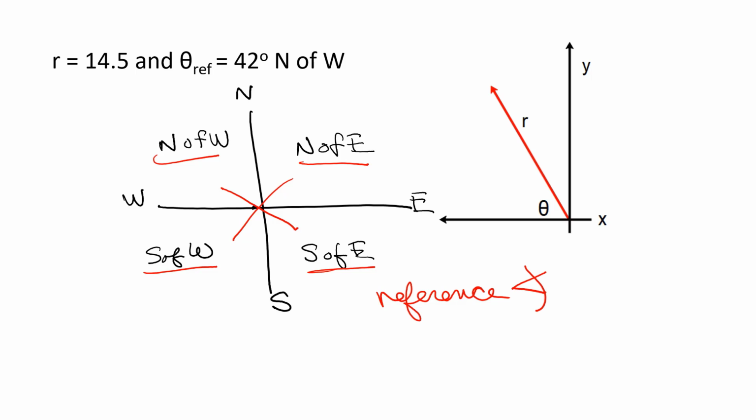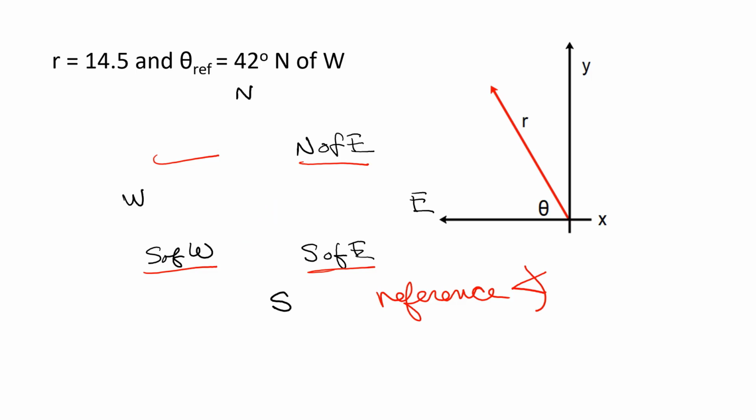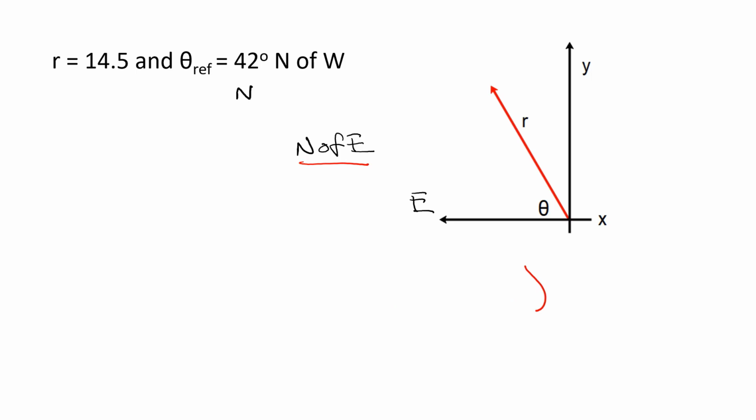Okay? All right, so we're going to take a vector with a magnitude of 14.5, and I'm not going to worry about the units, because we're not really doing any specific physics right now. But what I want to do, and again, pause the video if you want to do it before I do it, I'm taking time to erase all this. Okay, there we go. So what we're going to do is break this into x and y components, and we're in the northwest quadrant.